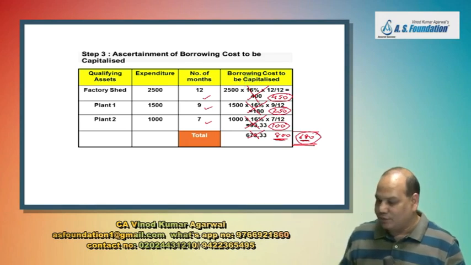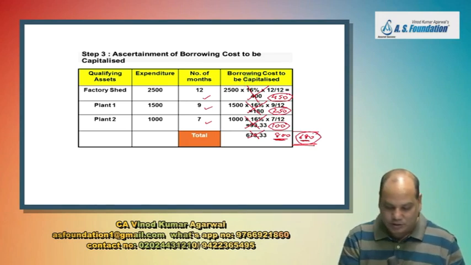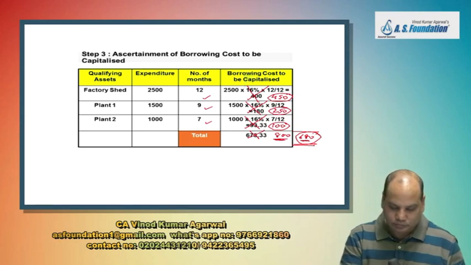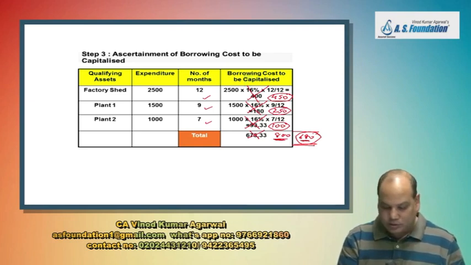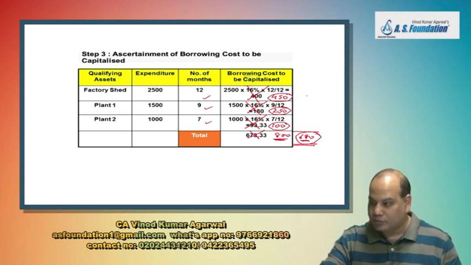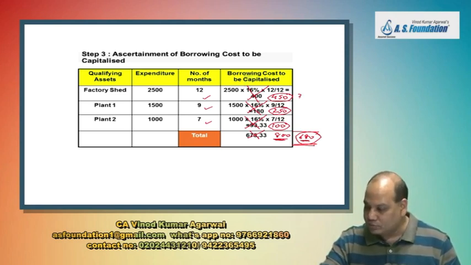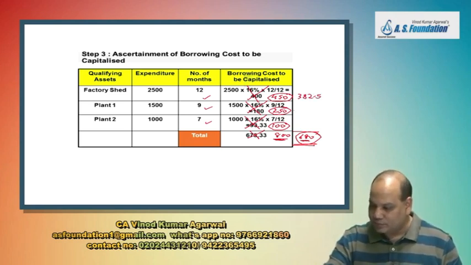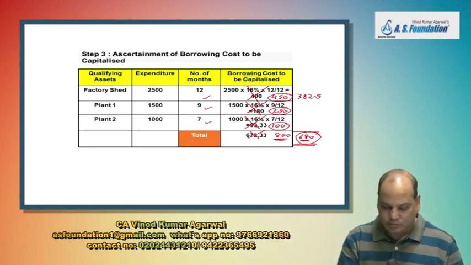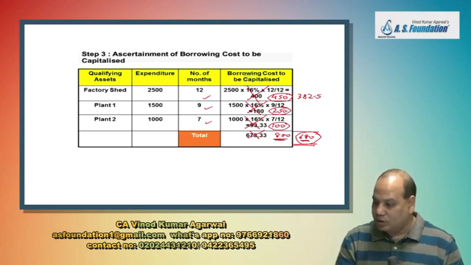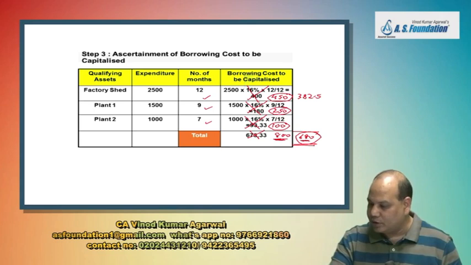So take your calculator, 450 divided by 800 into 680. How much will come here? 382.5. Then 250 divided by 800 into 680.